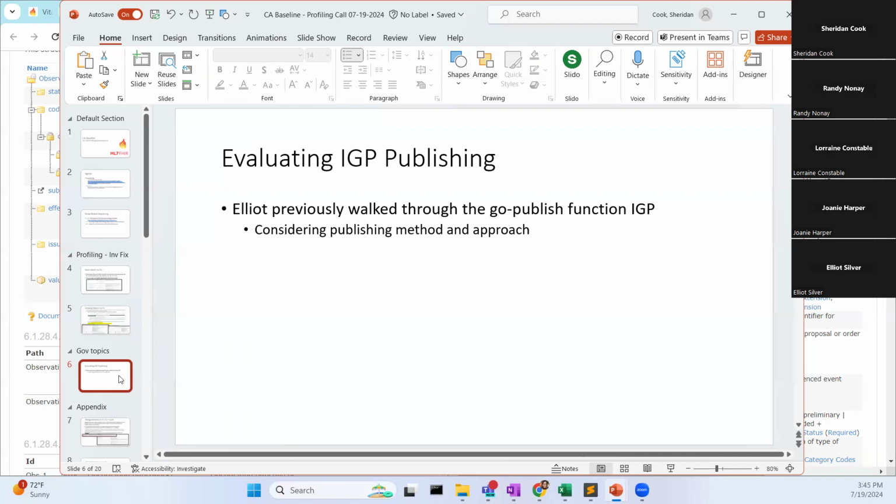One of the things she said that helps them is choosing a stable version, sometimes a little bit of an earlier version of IG Publisher, for Go Publish. I don't know if that's an option that was discussed two weeks ago that might help with navigating some of that fragility, if you know that there's a stable version.